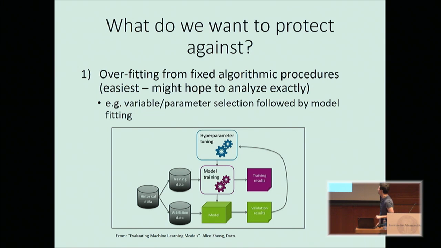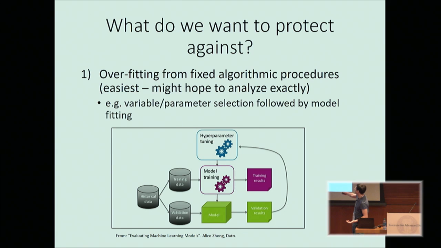So for example, you might be doing something like fitting a linear model after you've done some variable selection, where the variable selection is done in a precise way. Maybe you're using the lasso. Okay, so it might be hard to analyze this procedure, but in principle, you could at least imagine rolling up your sleeves and doing it, because ultimately what you're analyzing is a precisely specified algorithm.